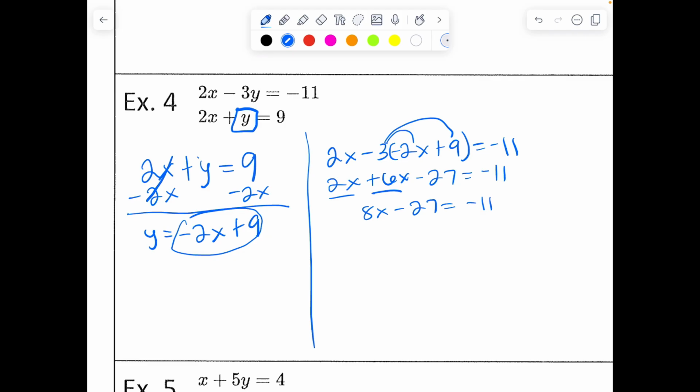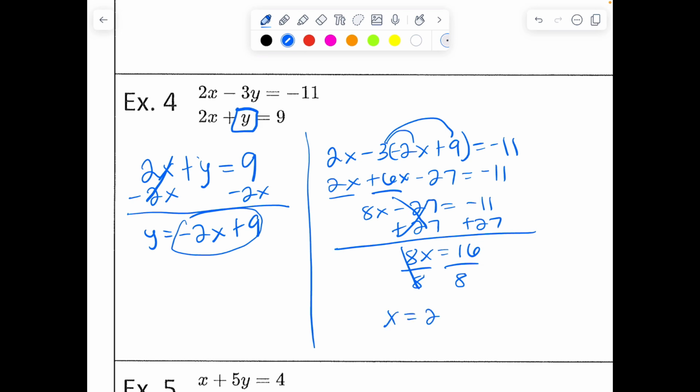I can add 27 on both sides. Bring down 8x. Negative 11 plus 27 equals 16. I divide by 8 on both sides, and I get x equals 2.